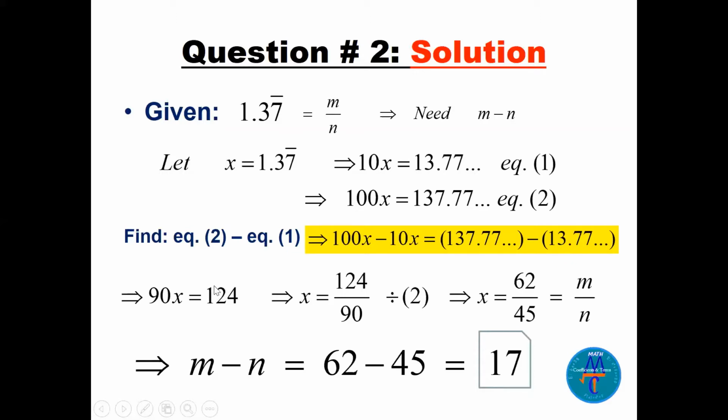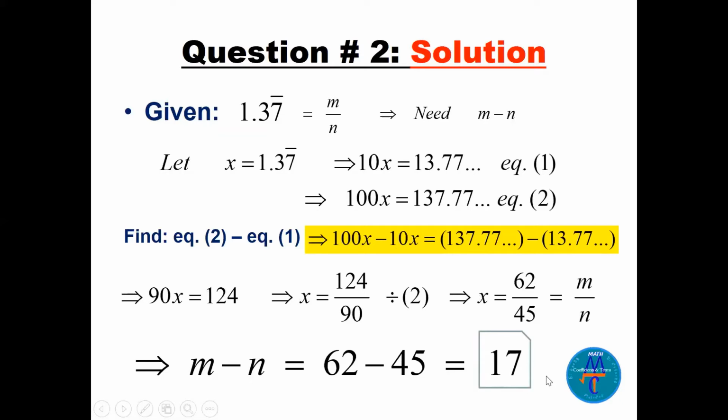So it will be 100x minus 10x. 90x is equal to 124. No decimals, they will all cancel out. Now, x will be 124 over 90. Divide by 2 to make it the simplest form. 62 over 45. So this is m, this is n. m minus n, 62 minus 45, and the answer is 17.